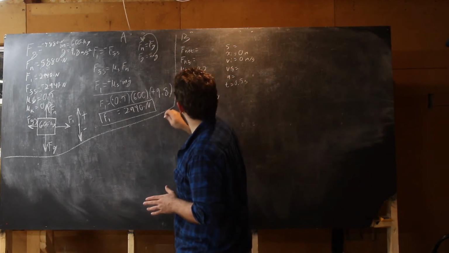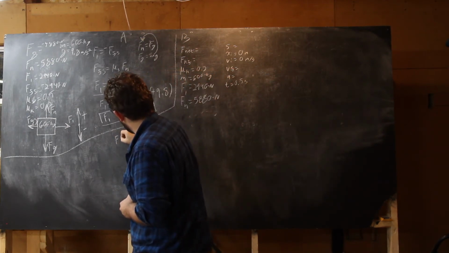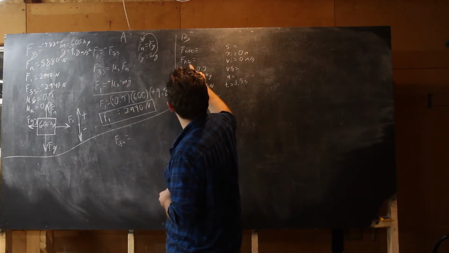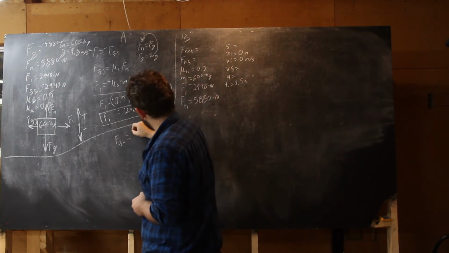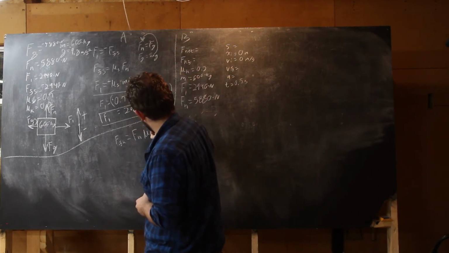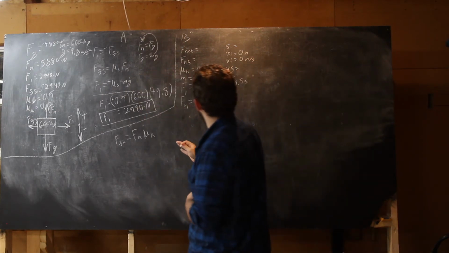Let's first find our force of kinetic friction. Force of friction, kinetic, is going to be equal to my force normal times my coefficient of kinetic friction. That's nice and simple.